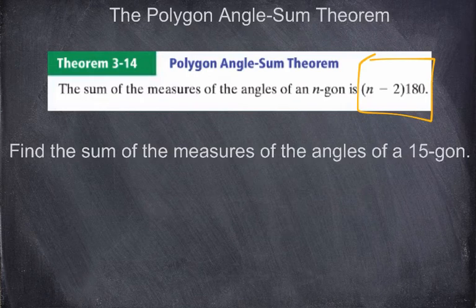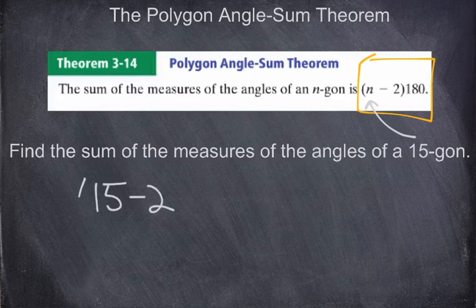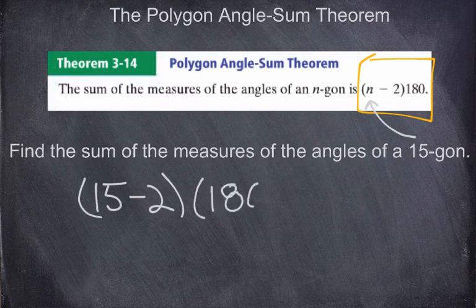Okay? So here it says find the sum of the measures of the angles of a 15-gon. Again, 15 playing the role of n. So what you do is you plug it right into the formula. So we have 15 minus 2 times 180.